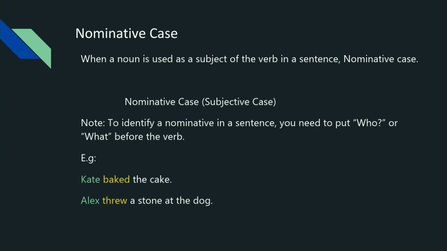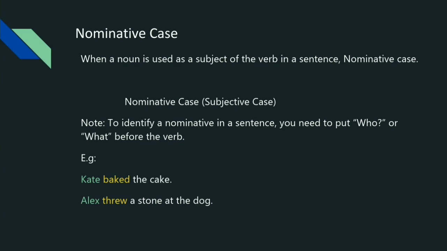Let me clear this concept by giving you an example. The example I have written here is Kate baked the cake. Now in this example, baked, which is written in yellow fonts, is the verb, so you need to ask who baked the cake. So the answer would be Kate, and Kate, which is written in green color, is our noun and it is used as a subject, so it is our nominative case.